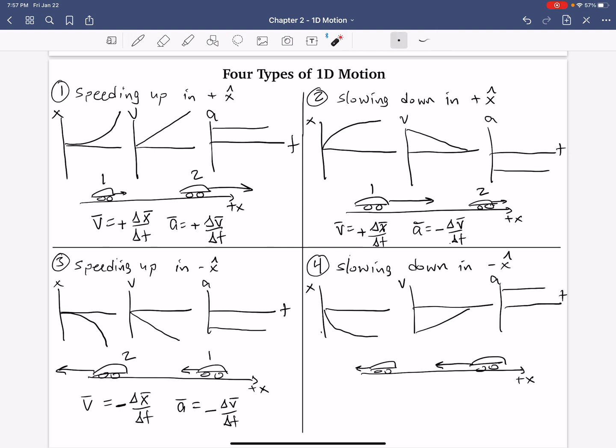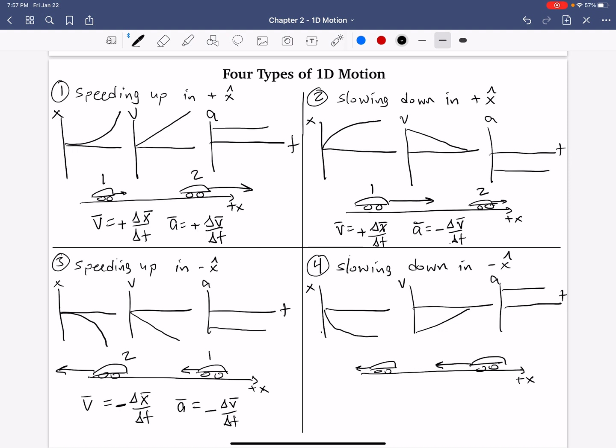That's why we need the vector bars on top of our symbol. This is a velocity, and it's negative because this object is moving in the negative direction. So when both v and a are negative, that tells you that an object is speeding up in the negative direction. Speeding up backwards, for lack of a better term.